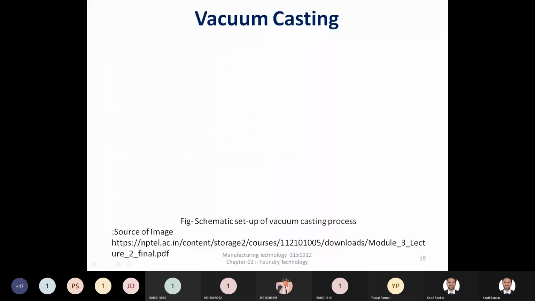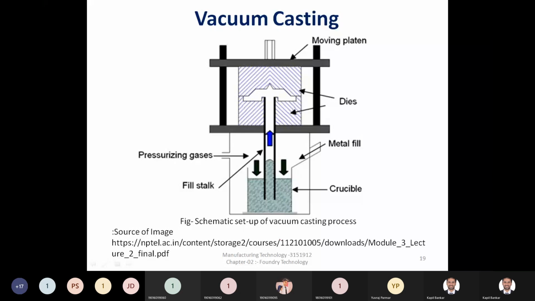Now in this image, this is the schematic setup of the vacuum casting process. You can divide this into two parts, upper part and lower part. In the lower part, there is a crucible and furnace.